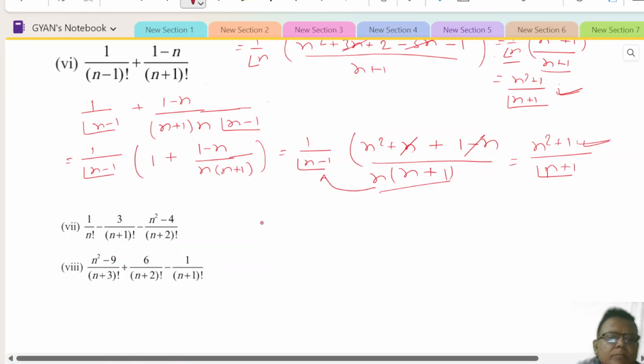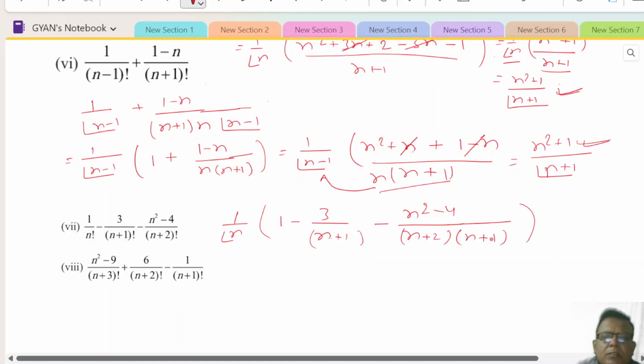Here we take 1 by factorial n from that, that is 1 times 3n plus 1 and minus n square minus 4, that is n plus 2 times n plus 1. N plus 2, this will get cancelled. So 1 minus 3 is cancelled.